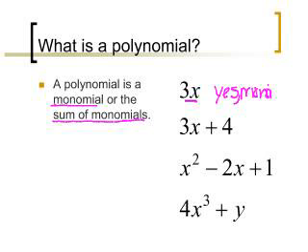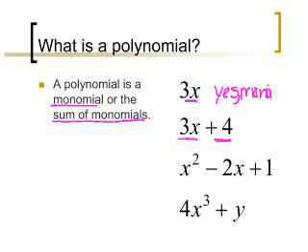All right, so the second one then, 3x plus 4. So both the 3x and the 4 separately are considered monomials, but when you combine them with a plus or a minus sign, you get a polynomial. So here's an example of a polynomial, 3x plus 4.